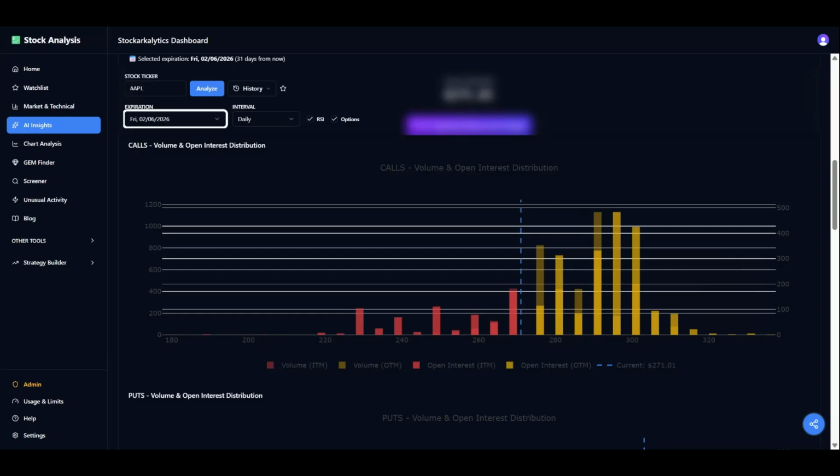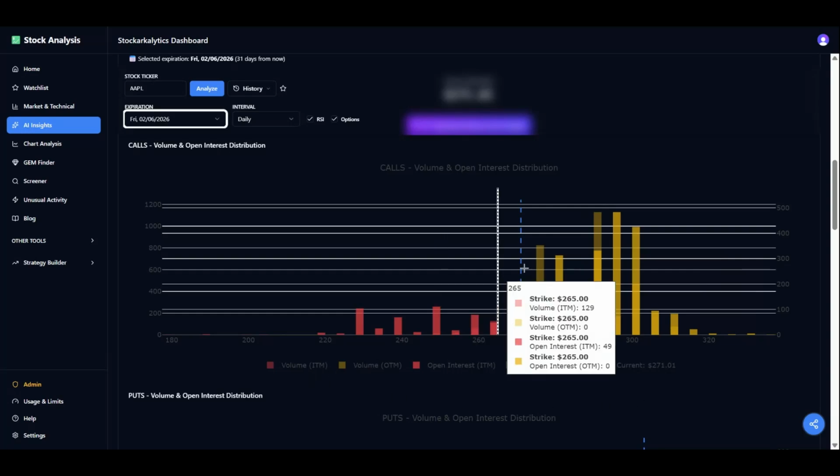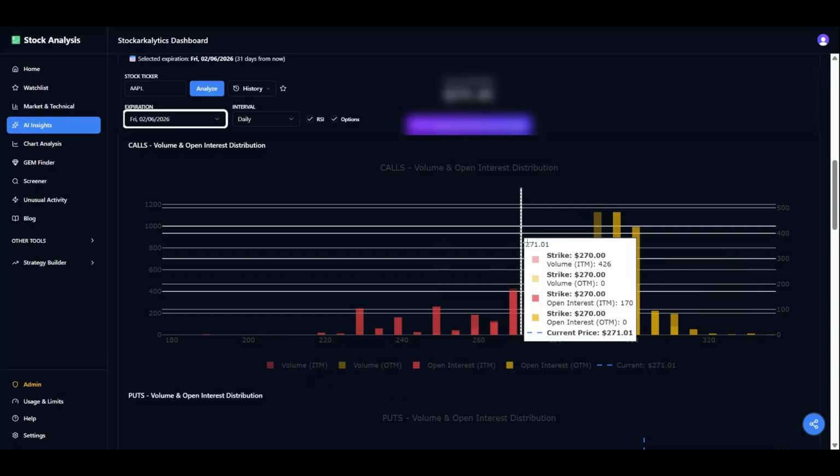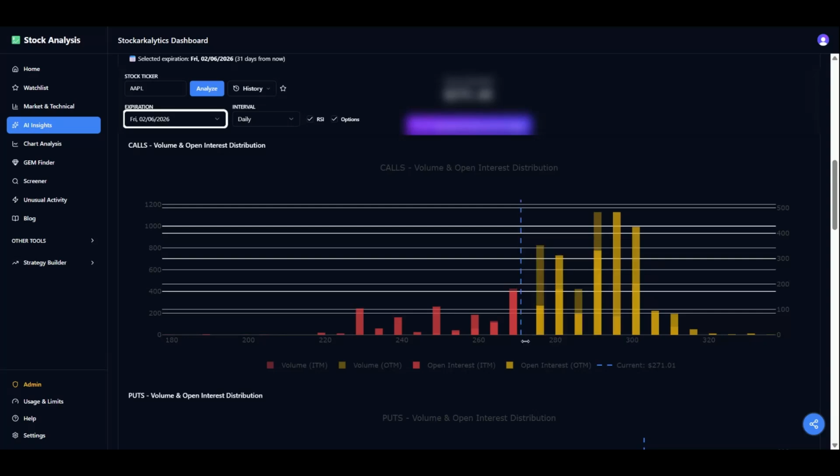So how do you read this? Well, the vertical marker shows where the current price is sitting relative to strikes. So you can quickly see which call strikes are clustered above or below price. When you see big concentration at certain strikes, those levels can act like magnets or key zones simply because so many contracts are sitting there.